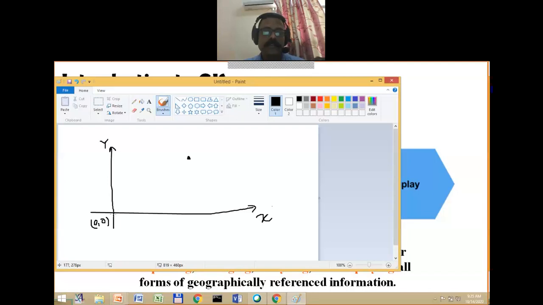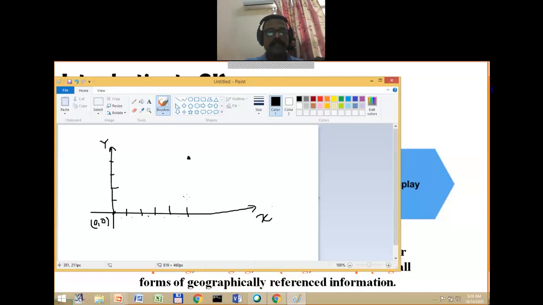So if I want to describe your location in terms of this coordinate system or coordinate reference system, then I have to say that if I take some of the usual units, that means I have to go 1, 2, 3, 4, 5 units along x-axis, and then I need to go down 4 units.